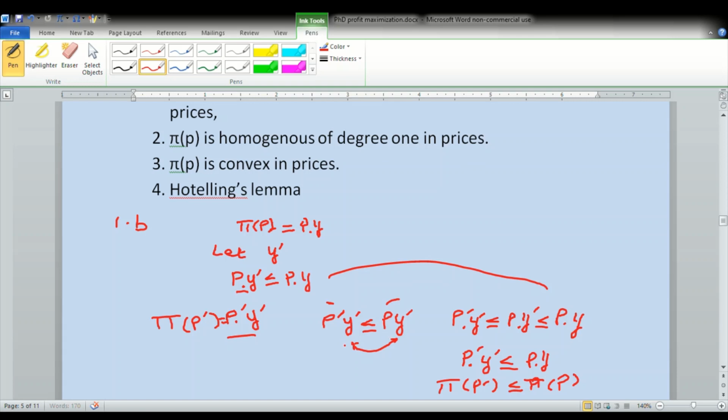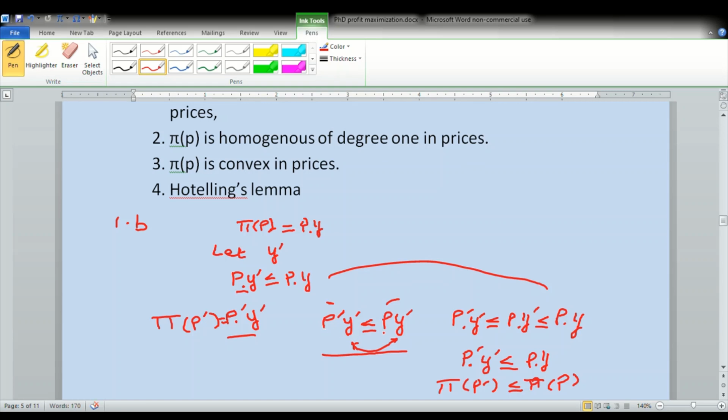Without this argument you won't be able to reason efficiently. Just make sure that you have the understanding of this. Netput vectors are identical on both sides.